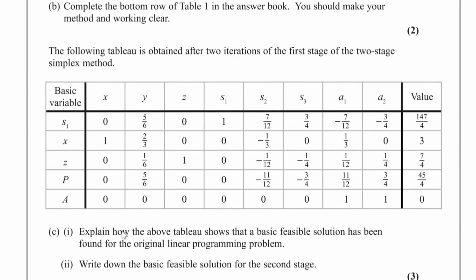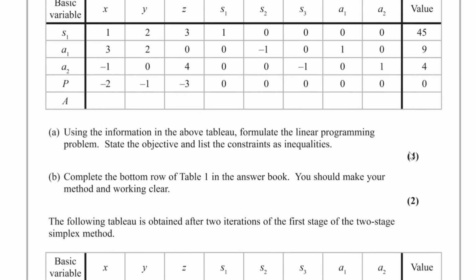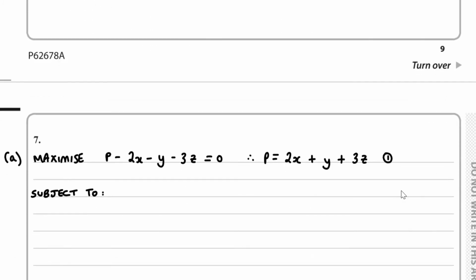So, if we go back to the table, take a look over here, we've got 1x, 2y, 3z, and one s1 variable. We've got one slack over here, and this is equal to 45. So here we've got x plus 2y plus 3z plus s1 equals 45.